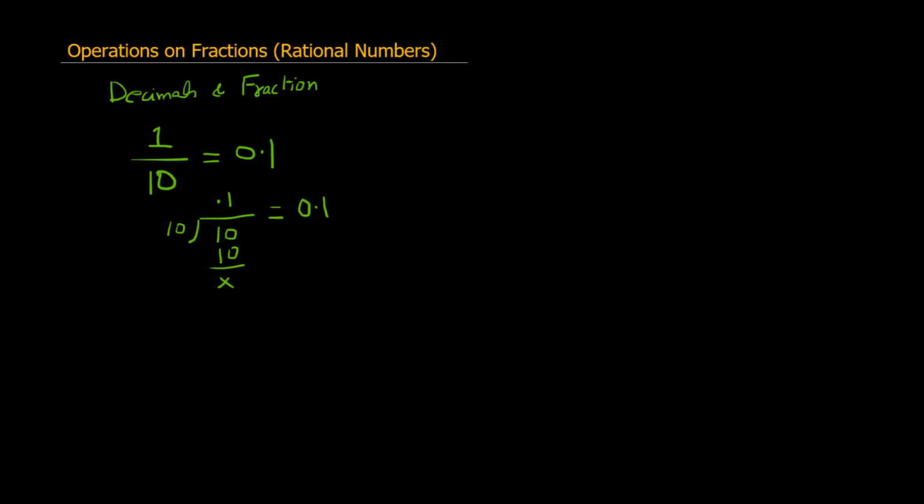Similarly, 1 divided by 100 is a fraction which is equal to 0.01, and so on. 1 divided by 1000 would be 0.001.